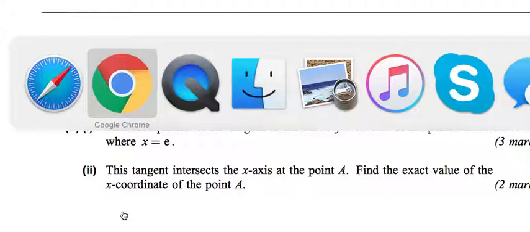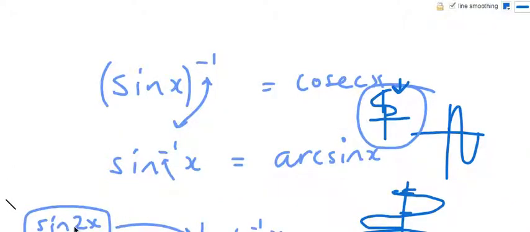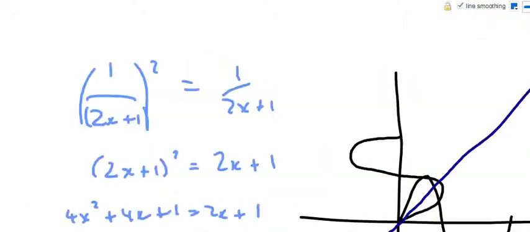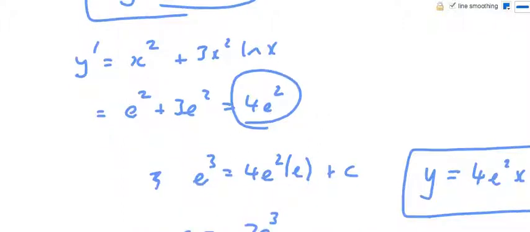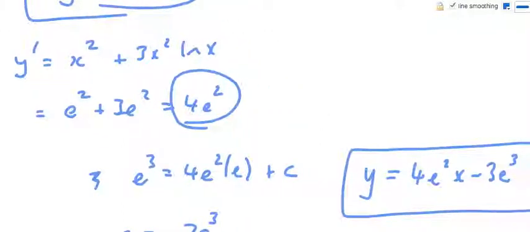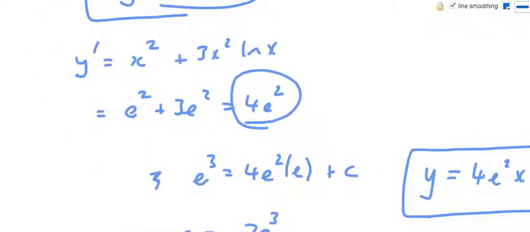Where does the equation of this line cross y equals 0? We found the straight line was 4e squared x minus 3e cubed. Then we're just going to equate that to 0, because y equals 0 on the x-axis, and solve for x.